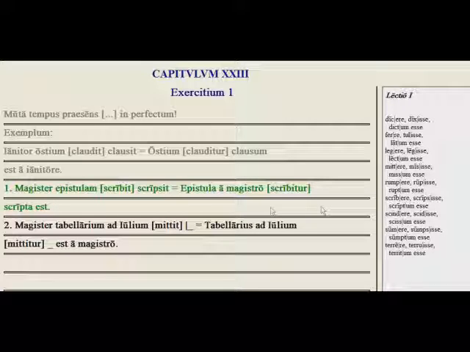So the ending has to match the subject. So we have epistola, the letter, was written, so we have to match our case, number and gender with epistola and scripta. Treat it like an adjective there. Okay, let's do the rest of those exercises. Let's try number 2.